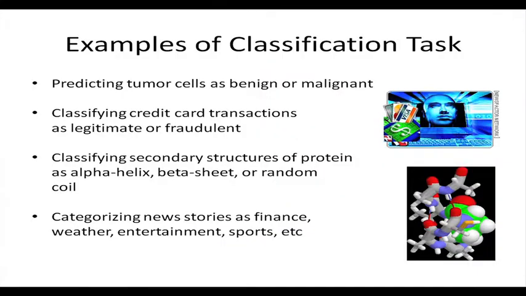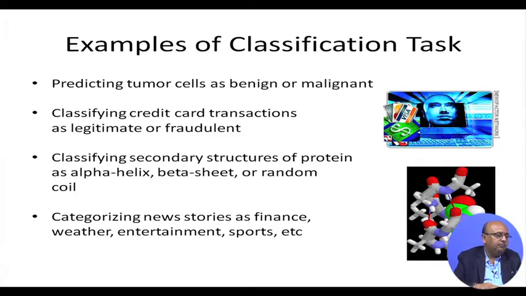For example, you can classify credit card transactions whether they are legitimate or fraud, right. Then you can also classify protein structures based on certain things, or you can classify stories as finance, weather, entertainment stories, right. For example, news channels have different categories of information, right.